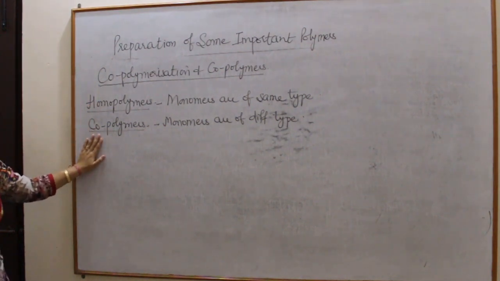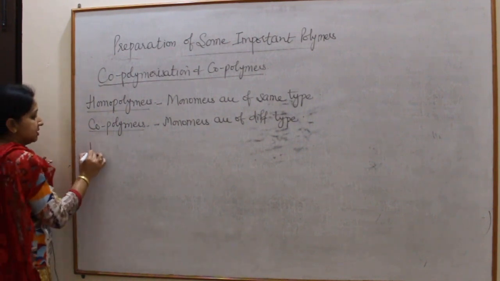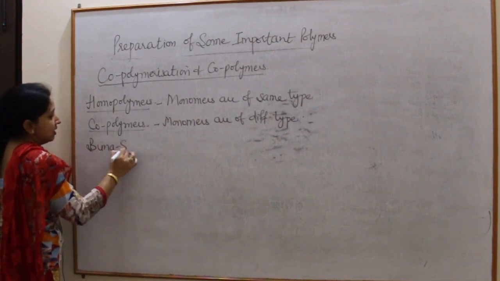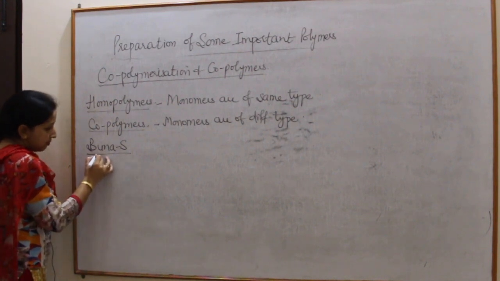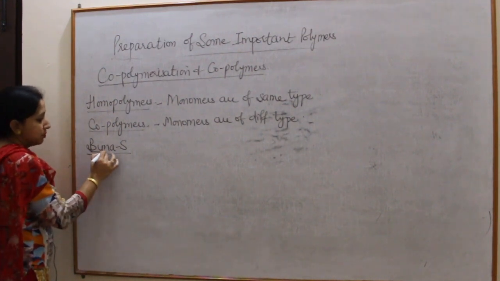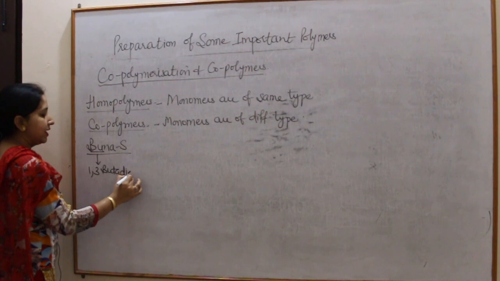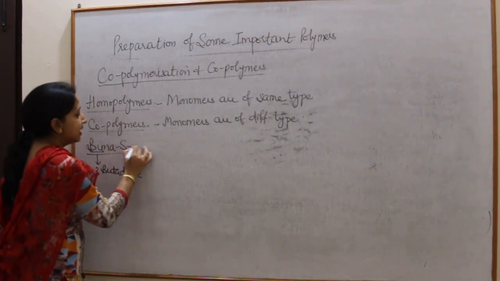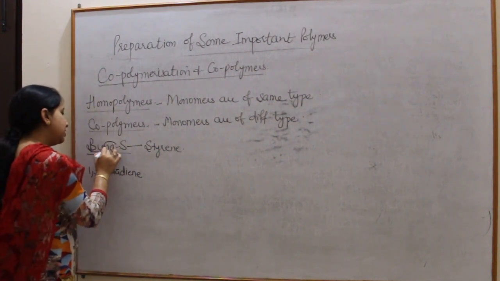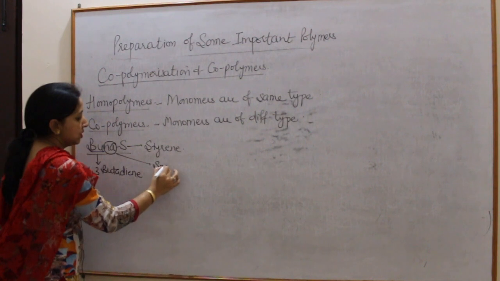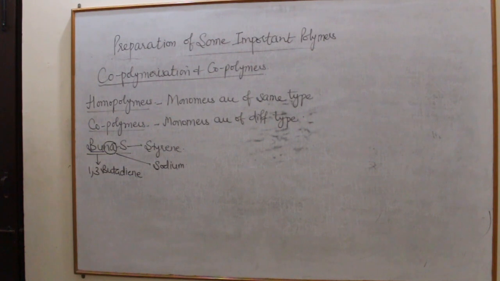Under copolymers we have only one important example, that is your Buna S. Where did the name Buna S originate from? Bu means 1,3-butadiene and S stands for styrene, and here Na means sodium, because this reaction takes place in the presence of sodium.